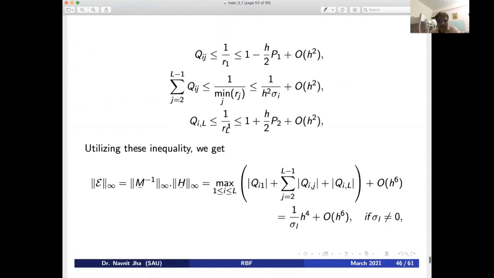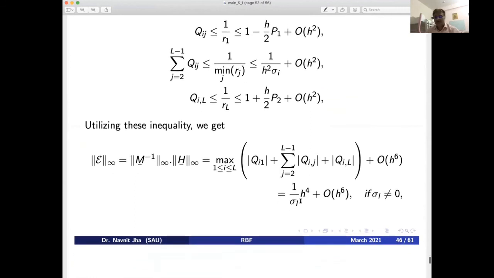Now, with these bounds, I can simply apply the norm. Epsilon infinity norm is nothing but the norm of M inverse times the norm of h. The norm of M inverse is nothing but this quantity, and this quantity is coming out to be 1 by sigma_L h^4 plus h^6.